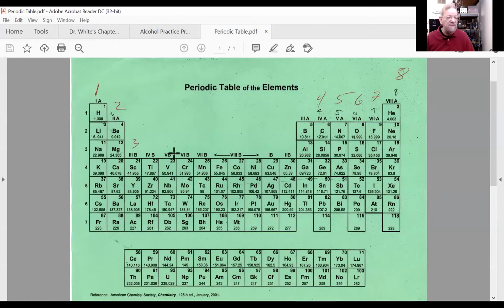Once you know one member of a family, not counting hydrogen, but lithium, sodium, and potassium, what ion it forms, you know the rest. So if we know sodium forms a +1 ion, we know lithium and potassium do also.